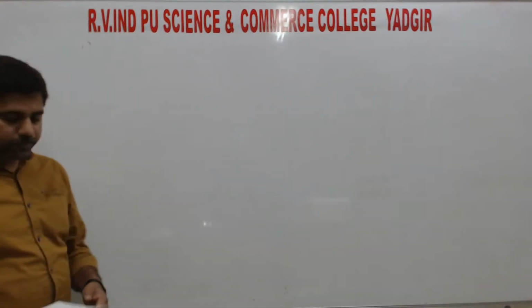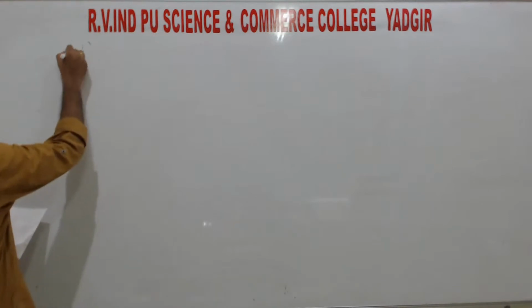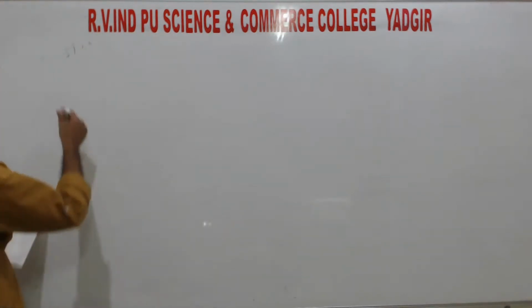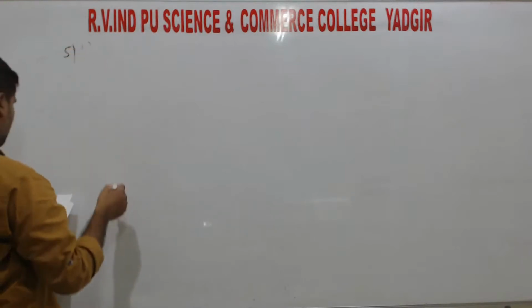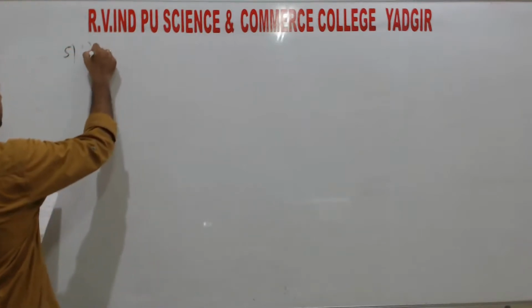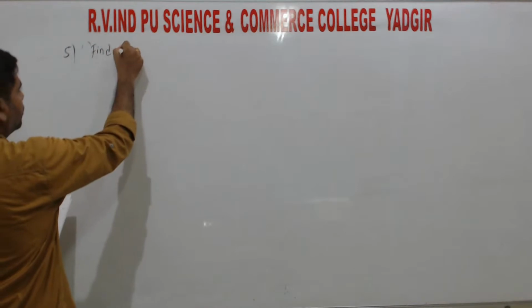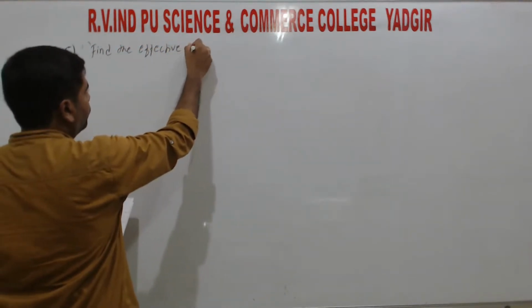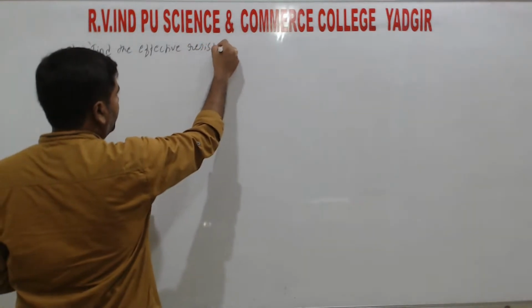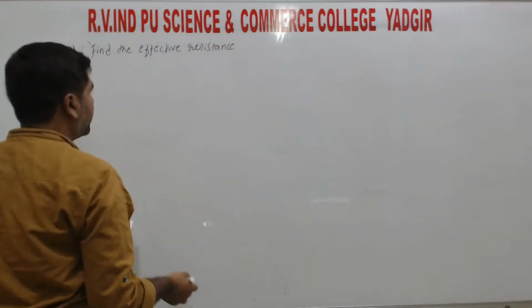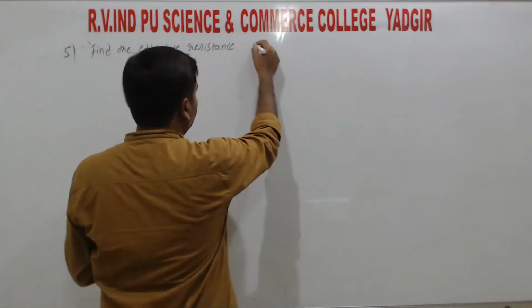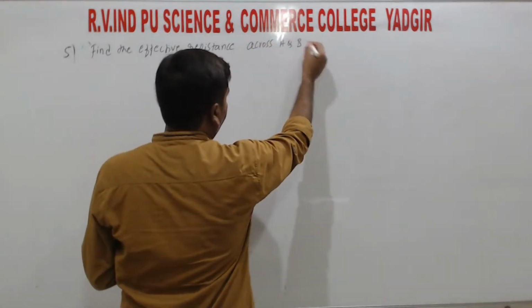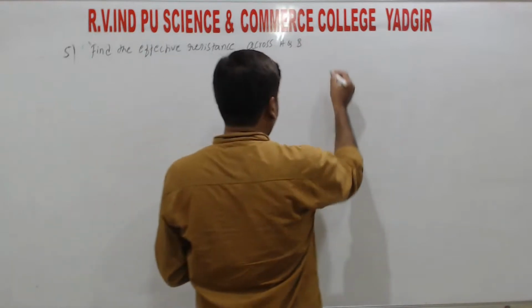Next problem. So fifth one. Find the effective resistance across A and B in the following figure.